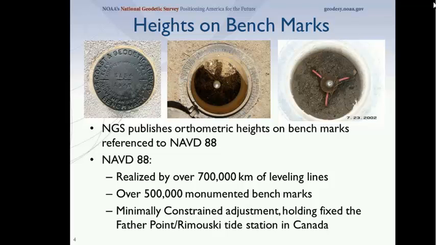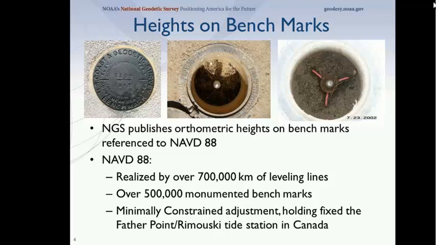So for quite some time, NGS has provided known heights to surveyors, and continues to do so today. These are heights on passive marks, or benchmarks. If you wanted a height reference to our National Spatial Reference System, you needed to go out, find these marks on the ground, and tie your survey to them.